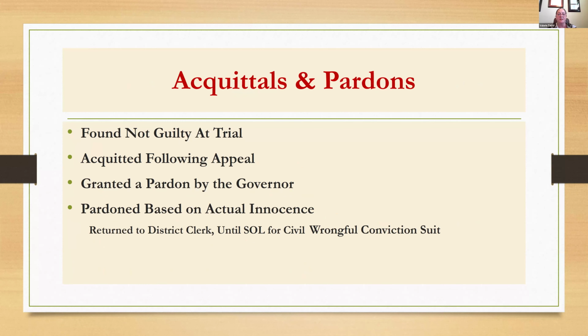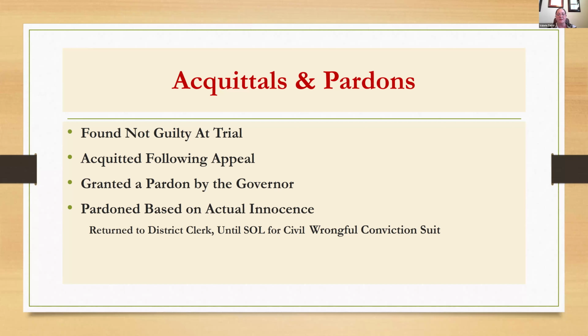And again, we talked about acquittals and pardons. Go to jury trial, found not guilty, you're eligible for an expunction. Period. End of story. You're immediately eligible for that. Obviously, you can file an appeal, and if the appeal is granted and the court says that you're no longer liable or found guilty of this, or you're granted a pardon by the governor, again, hats off.